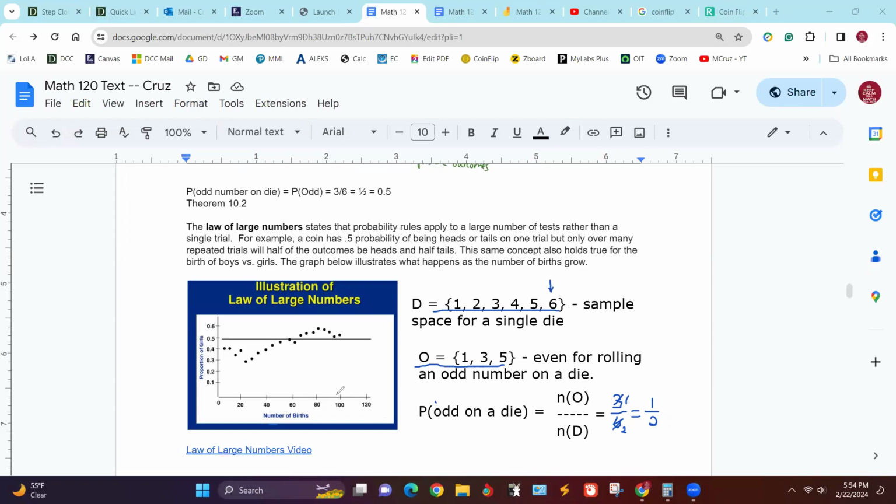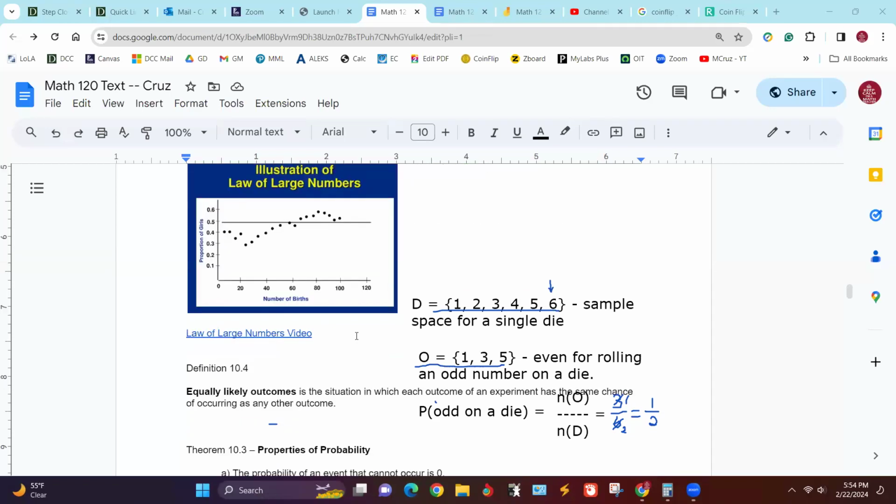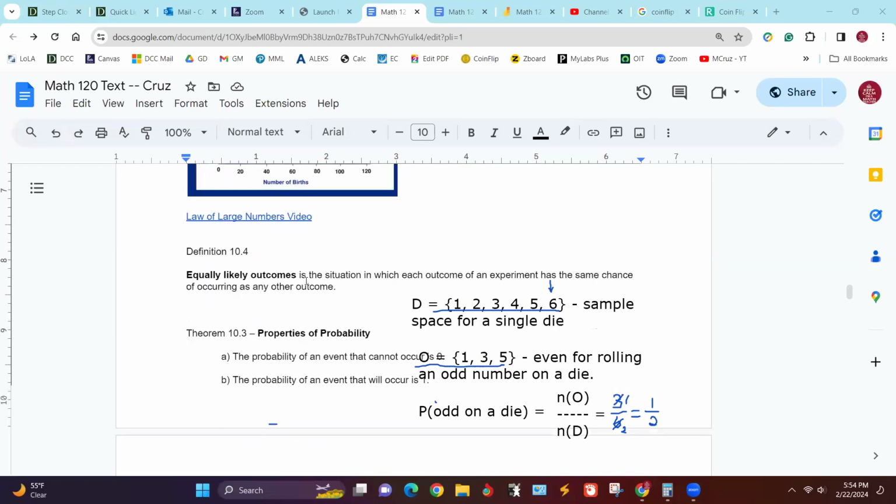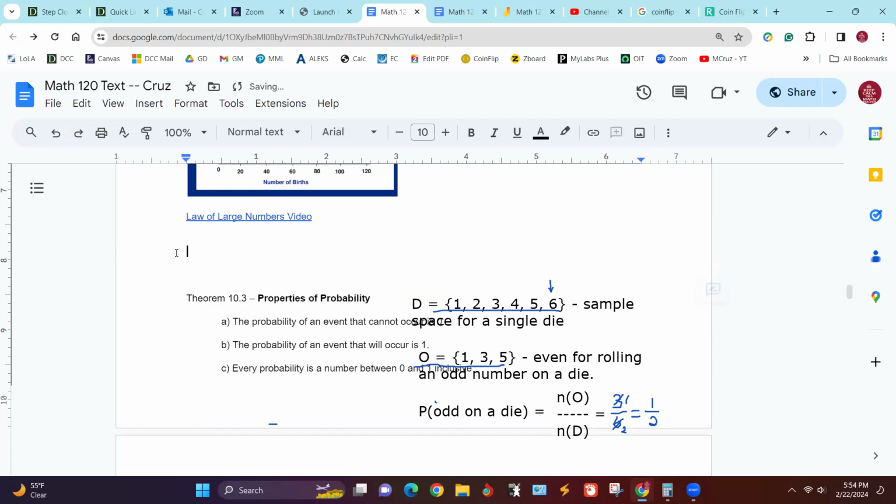All right. Now, equally likely outcomes just means that something has the same. I'm going to take this and put this down here at the bottom of this.